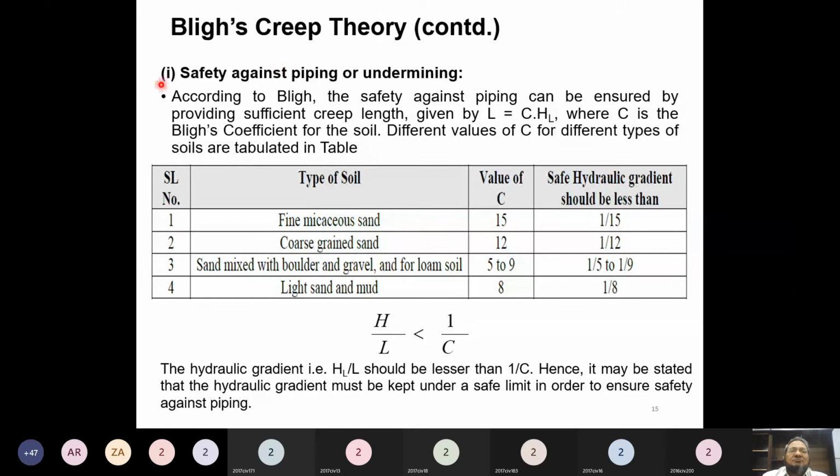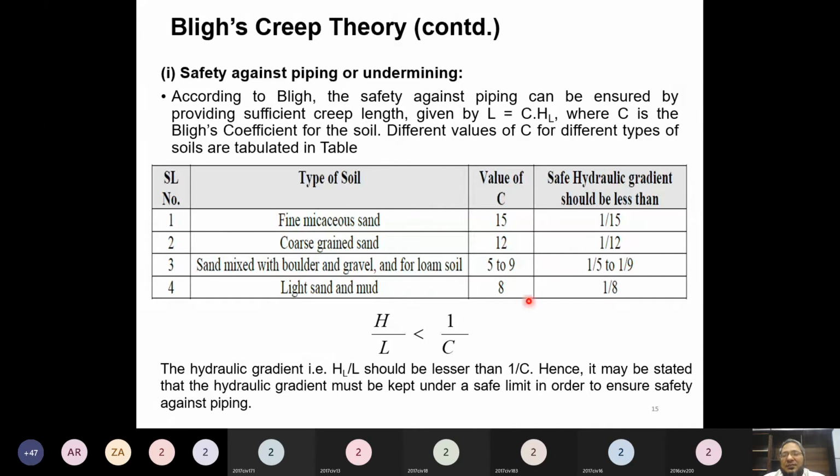Now, how does this theory check the safety against piping or undermining? Bligh has given the value of C, Bligh's coefficient for soil, for various types of soils: fine sand, coarse grained sand, sand mixed with boulder, gravel, and light sand and mud.